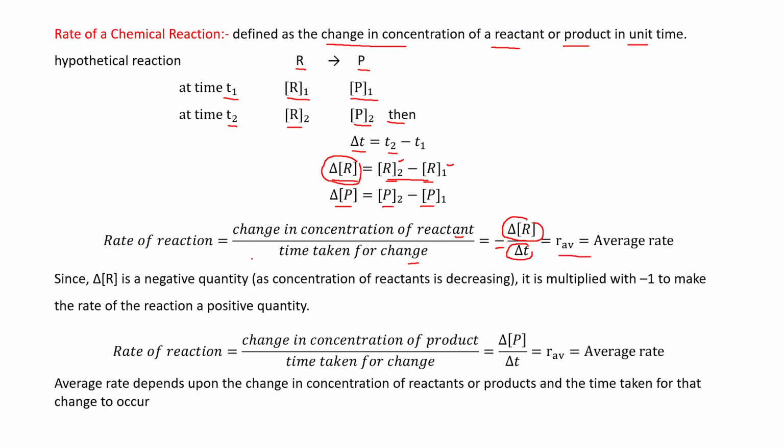Clear? Since delta R is a negative quantity, as concentration of reactants is decreasing, it is multiplied with minus 1 to make the rate of reaction a positive quantity. Then rate of reaction in terms of product is the change in concentration of product divided by time taken for change, that is delta P divided by delta T, and this delta P is always positive because as the reaction proceeds, concentration of product will increase.